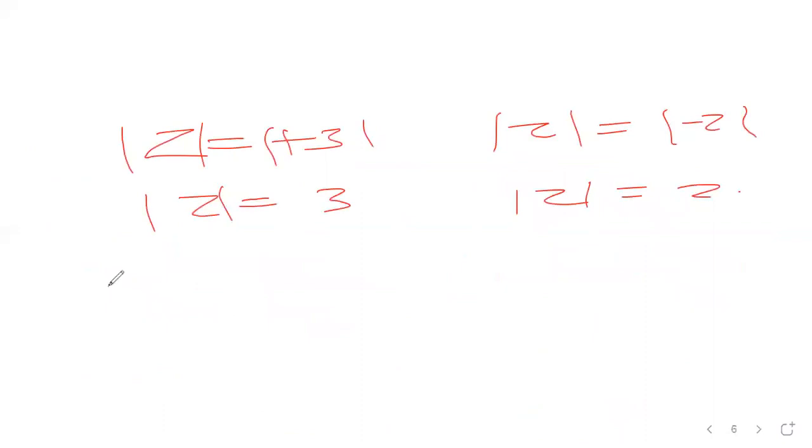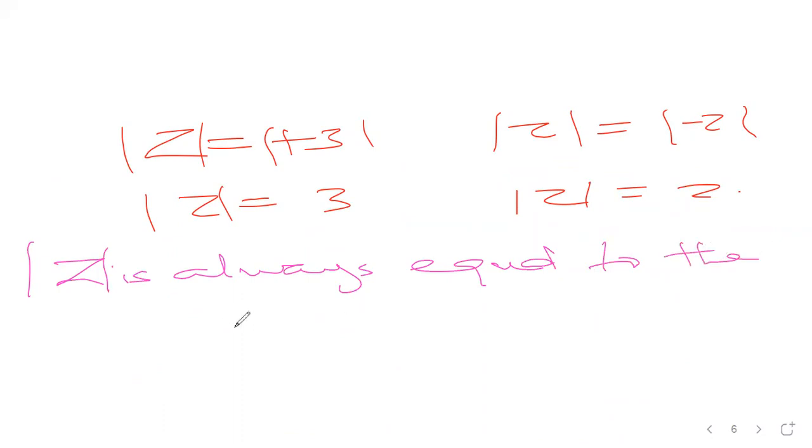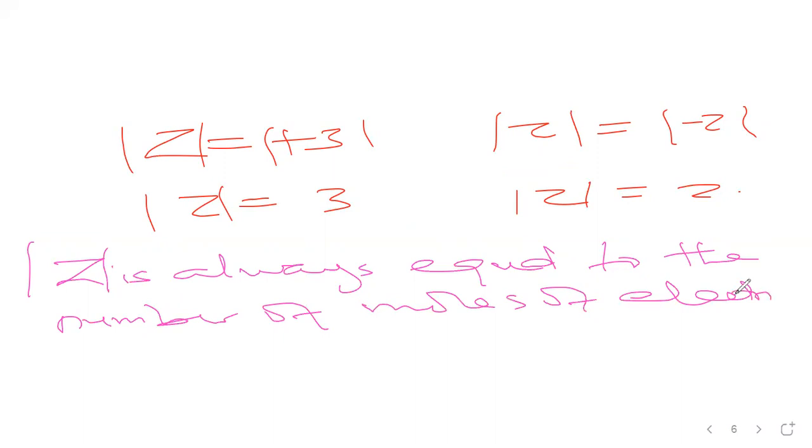So he didn't stop there, but he classified that Z. Note that the magnitude of Z is always equal to the number of moles of electrons. Z is the charge number. It's always equal to the number of moles of electrons required for the ion to be discharged.